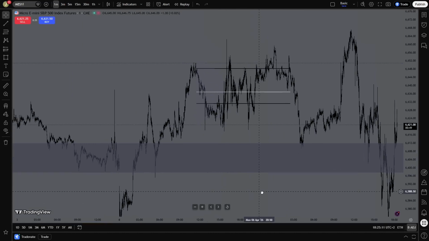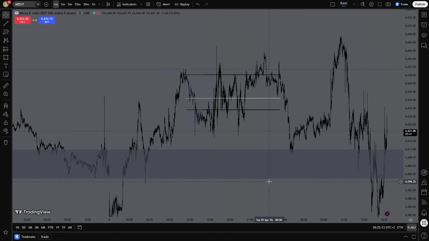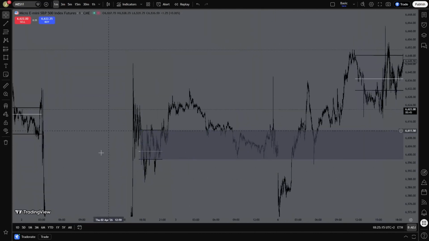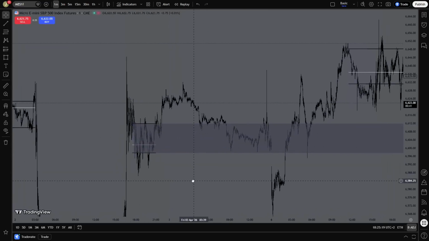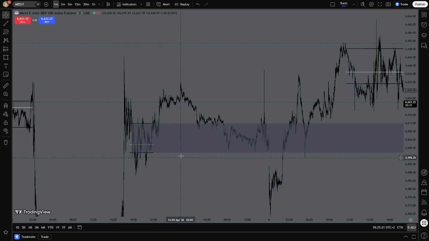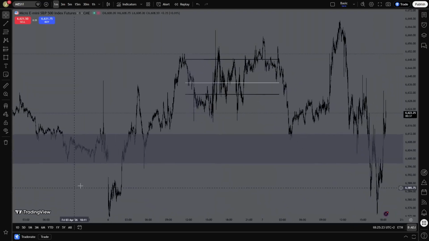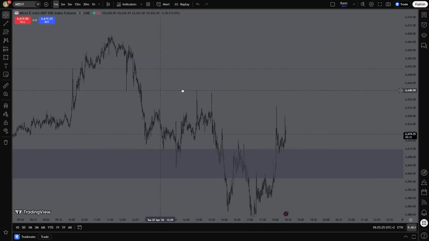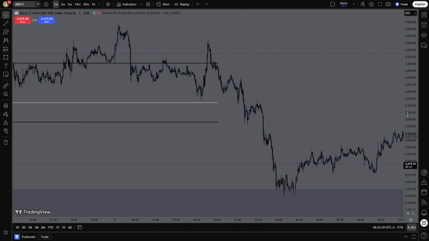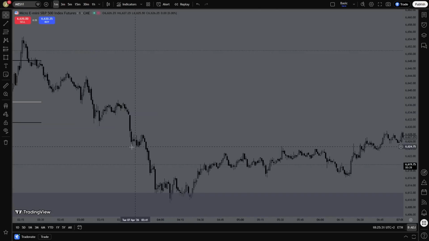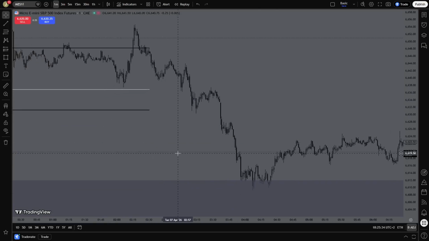Okay, so we already marked it out previously, that this zone is a zone that sellers and buyers agreed on. And when buyers and sellers don't agree on a price anymore, they are trying to search for a new fair price.